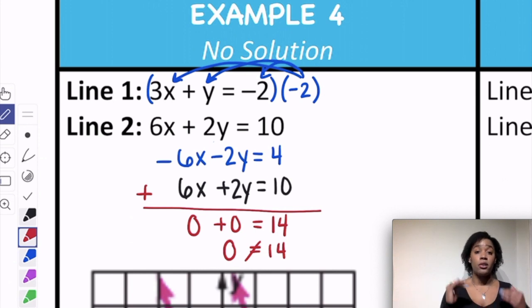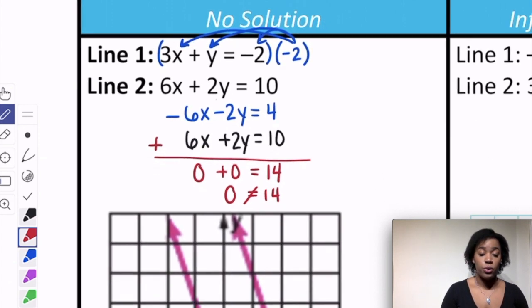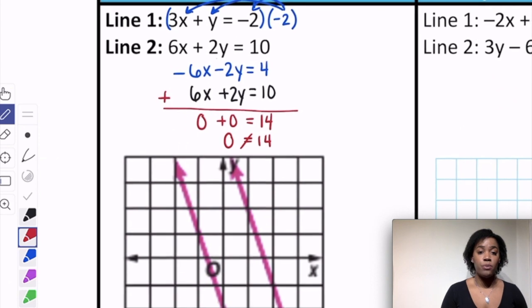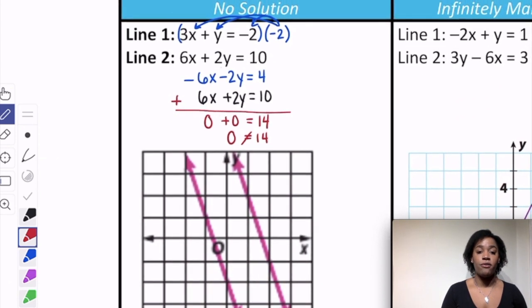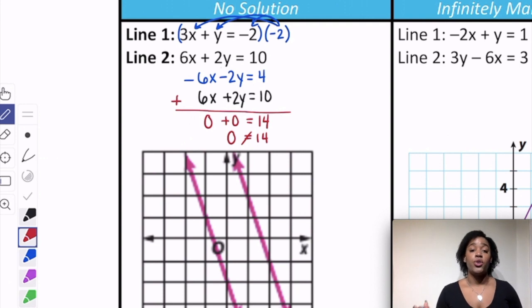So because algebraically, we're not getting the same thing on both sides, and both variables have eliminated from our system, we know that it's no solution. So this will graph as 2 parallel lines that never intersect going on forever. Algebraically, your variables have completely disappeared when trying to solve it, so that you know it is no solution.